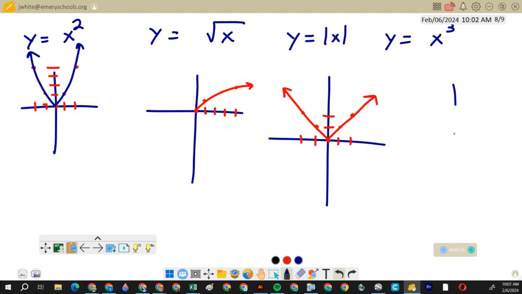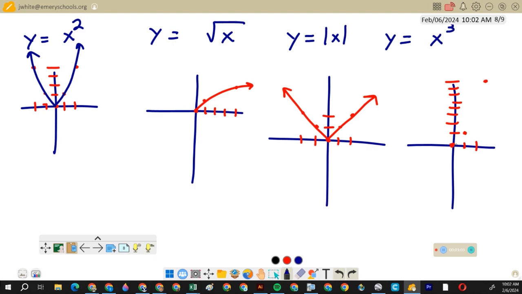And then a cubic graph, we start at the origin, over 1, up 1, and then over 2. 2 times 2 times 2 is 8. So over 2, up 8. So that side sort of looks like a parabola. And it's actually steeper than a parabola. And let me draw this a little bit better.